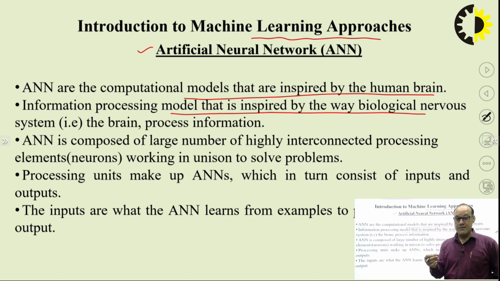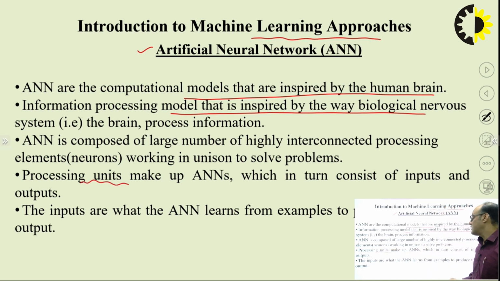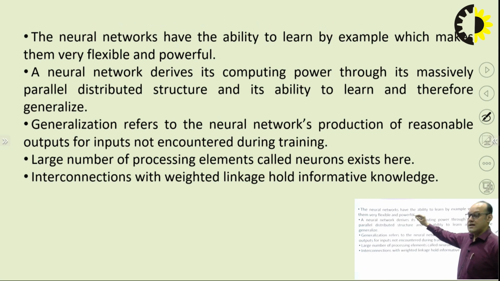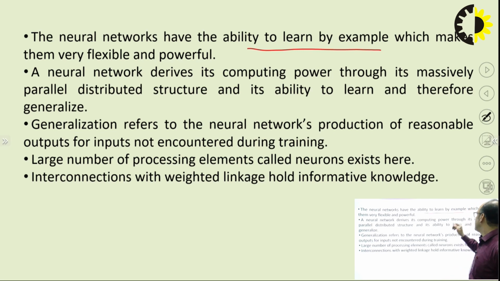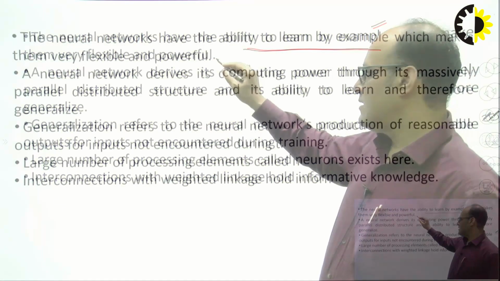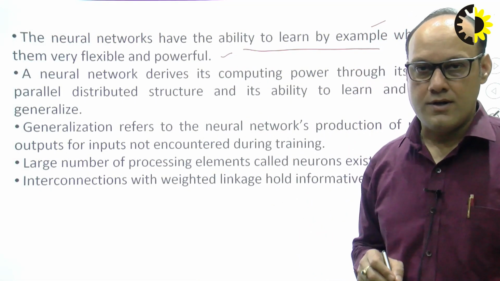Next time if I hold a cup, I will first check whether it is hot or cold, because that experience is stored in the neurons. In the same manner, this artificial neural network will work. The neurons are the processing units here. The neural network has the ability to learn by example, which makes it very flexible and powerful, right, students?